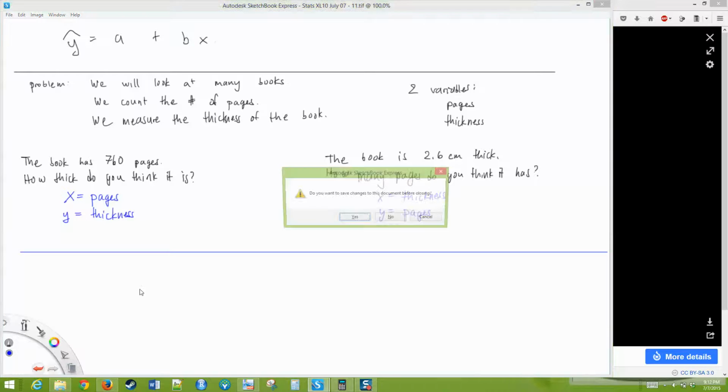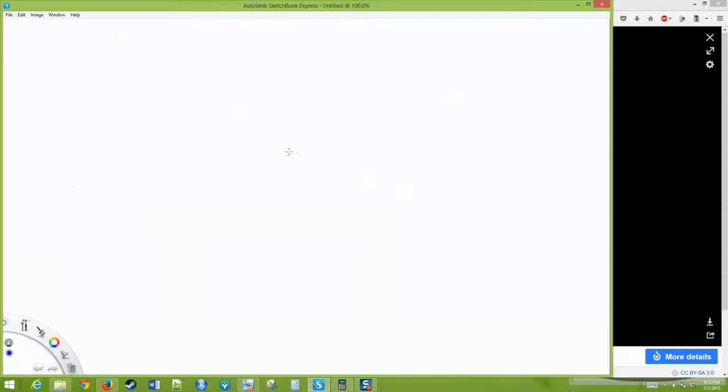We'll say Y is the thickness of the book measured in millimeters, and X will be the pages in the book. And we enter this into a computer.